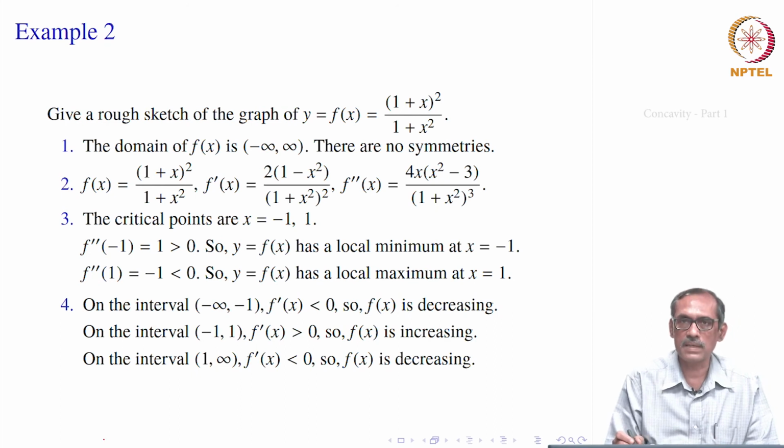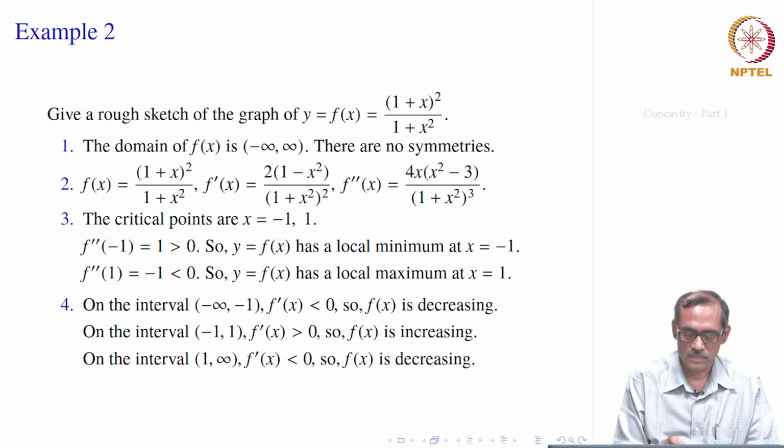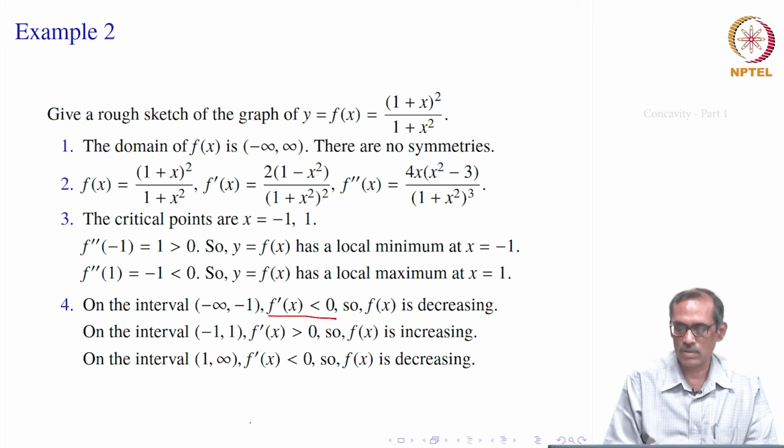Then let us look at where f prime is increasing, decreasing and so on for finding the shape of the curve. So, in the interval minus infinity to minus 1, let us evaluate f prime. So, when x is less than minus 1, it is 1 minus something less than minus 1. So, x square will be bigger, this will be negative, right. So, f prime x is less than 0. So, that means f x is decreasing from minus infinity to minus 1.